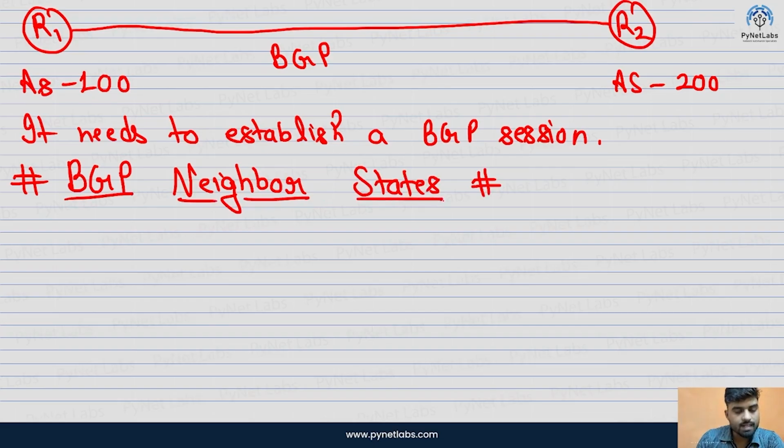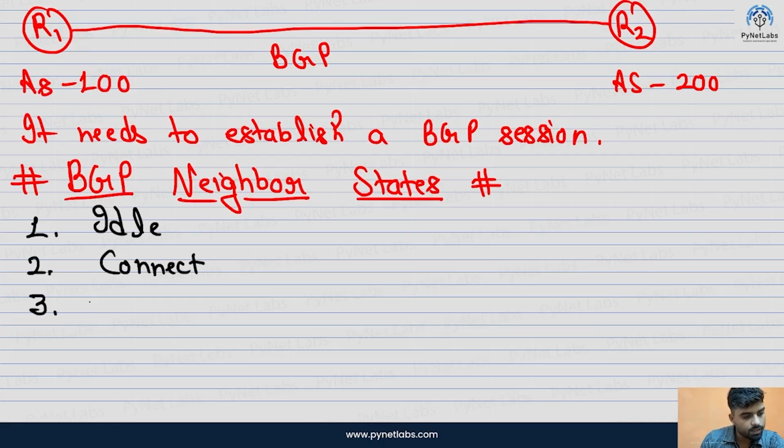There are 6 BGP states. Let me name all of them here, then we will understand each one by one. First of all we have the idle state. Then the second state is known as connect.